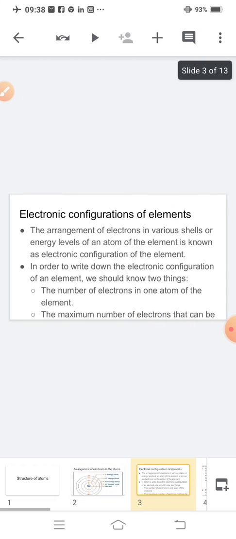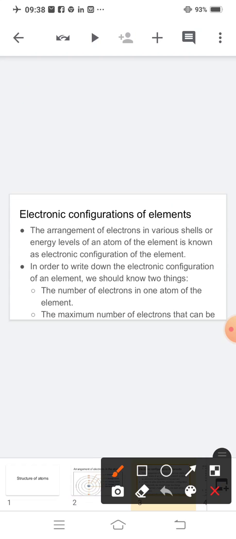Clear? Now just move to the next topic, and our next topic is electronic configuration of elements. So the arrangement of electrons in various shells or energy levels of an atom. That means you have a number of electrons. The arrangement of those electrons in different energy shells or energy levels of the element is known as electronic configuration of the element.